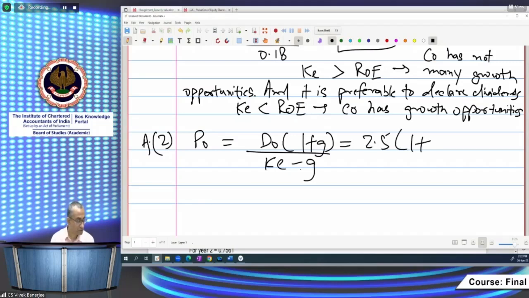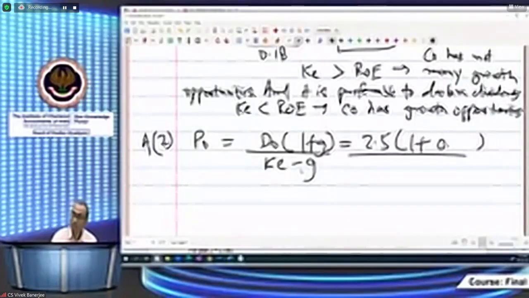Growth rate is 2%, and cost of equity capital, the discount rate, is 10.5%.